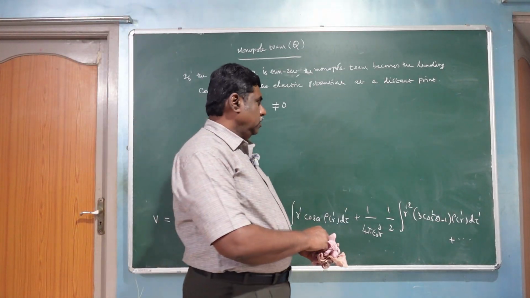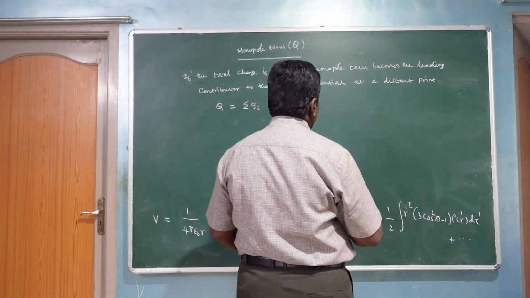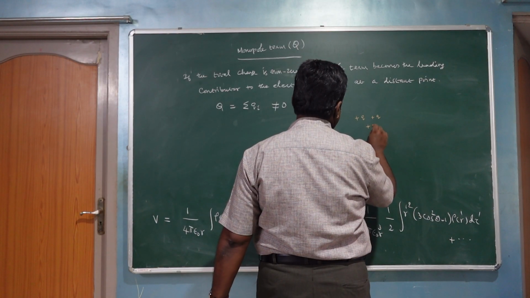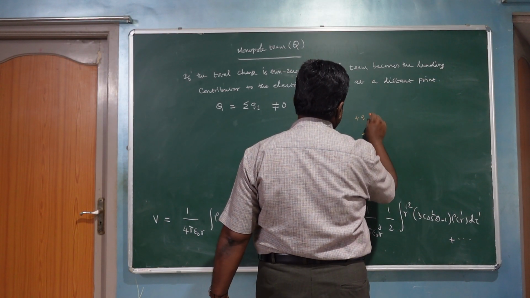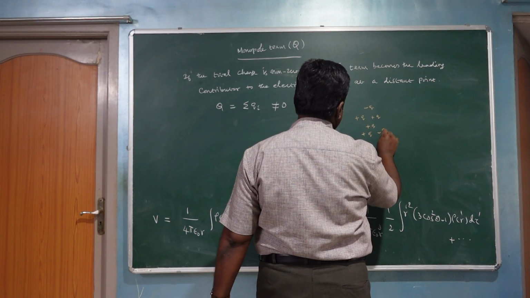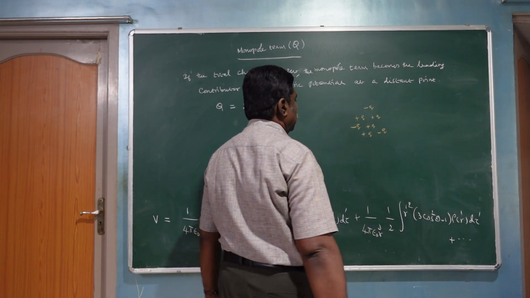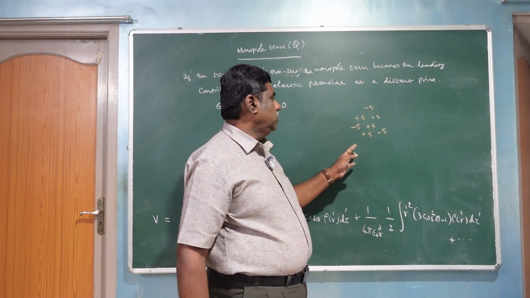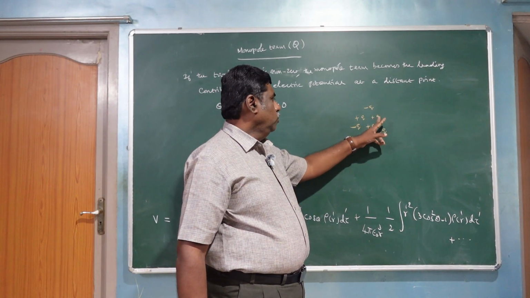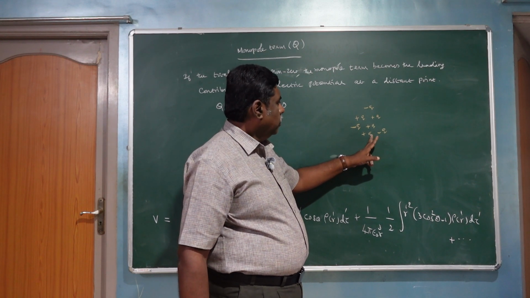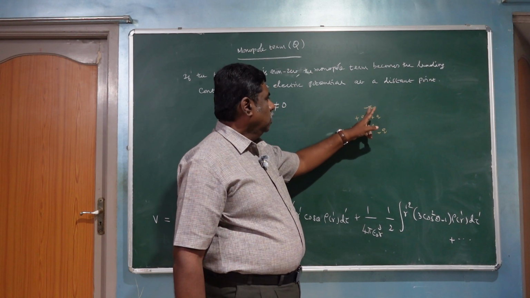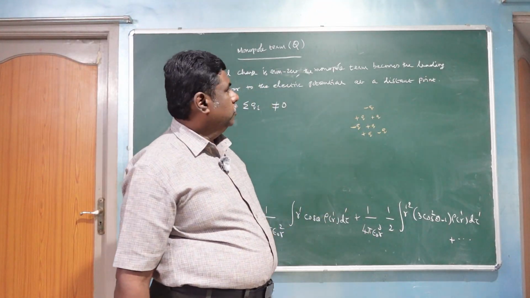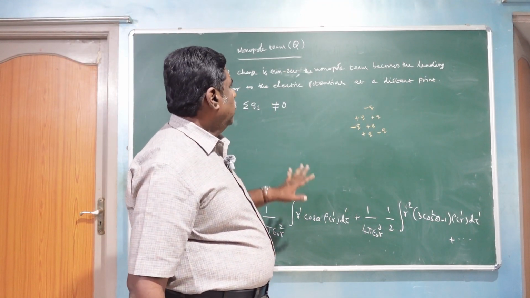Suppose the localized charge distribution contains many charges: plus Q, plus Q, plus Q, plus Q, then minus Q, minus Q, minus Q, like that. If you take the sum of all these charges, 4 positive and 3 negative, the resultant charge is plus Q, which is non-zero.